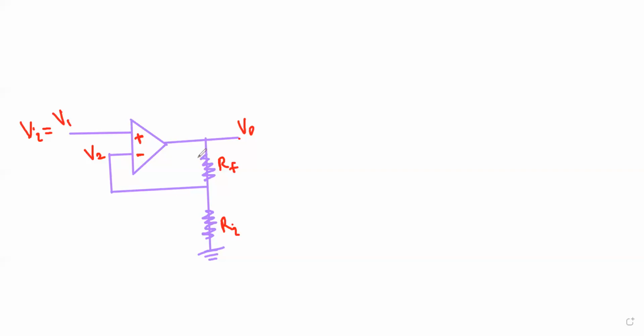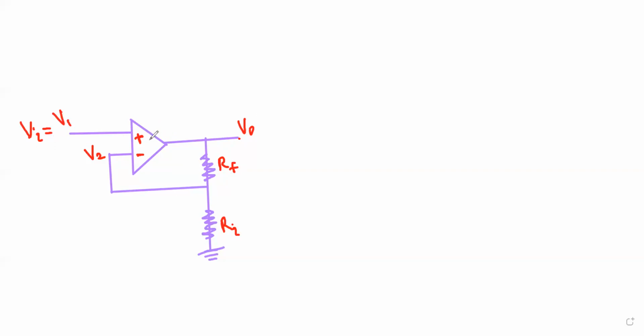So let's draw the circuit, mark the currents and the voltage differences between those values, and figure out what the value is. Since this is a non-inverting amplifier, we are going to give the input signal to the plus terminal.